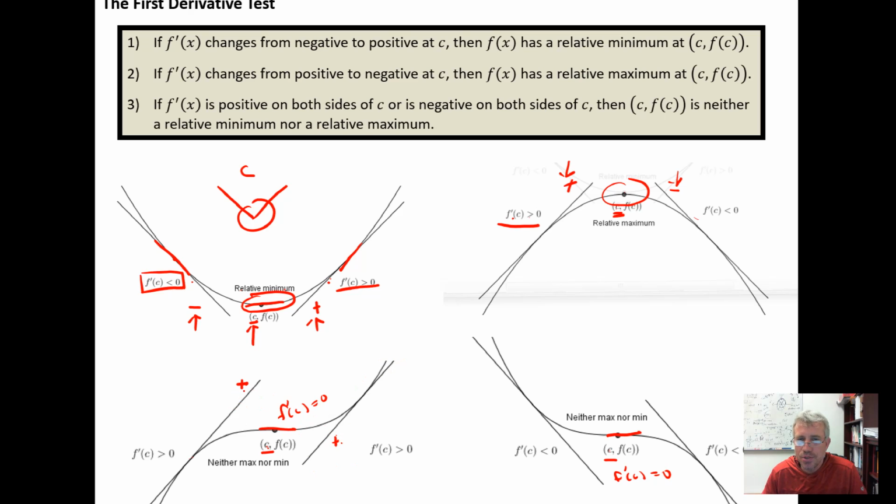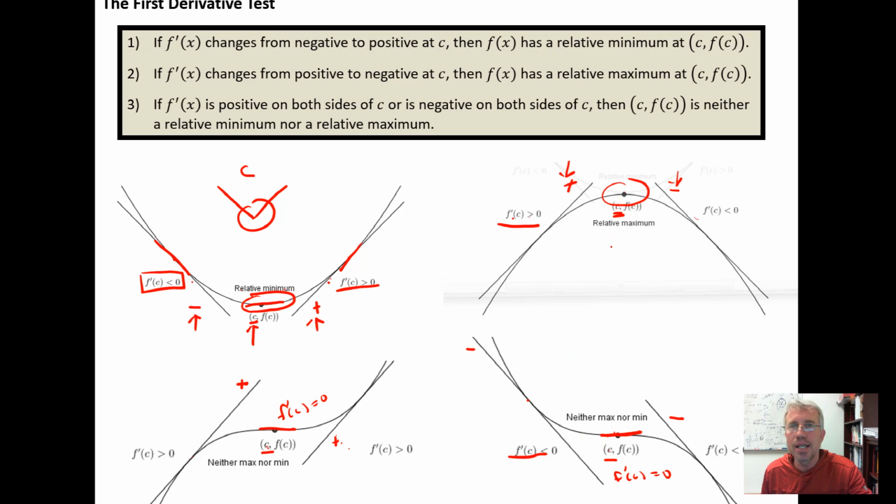So if you don't get a sign change, you don't have a max or min. Again, here the derivative or slope of the tangent line is negative. Here's the critical number where the derivative went to 0, but the derivative is still negative when I step over the critical number. So I don't have a max or min. I just had a momentary spot where the derivative was 0 and then it went negative again.